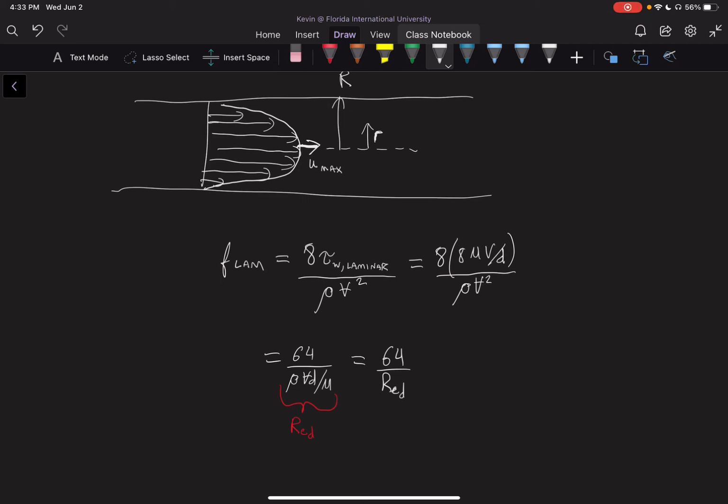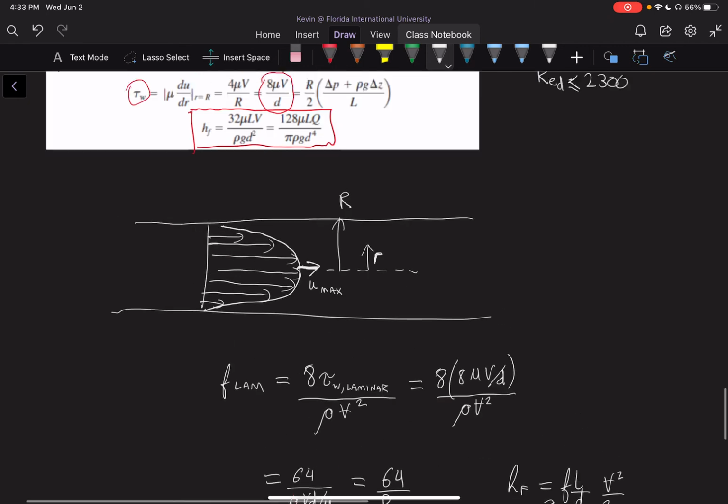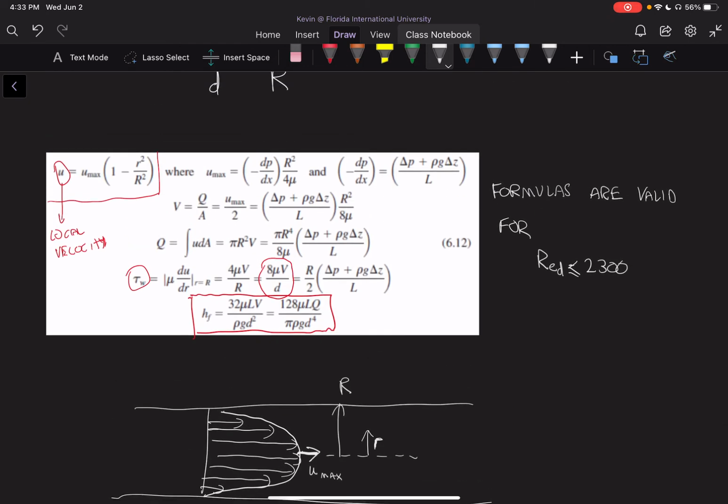And we have less friction too, because remember that our friction, HF, is equal to F times L over D times V squared over 2g. So we can use this for HF if we are given L over D and V squared, and then plug in our F into here for laminar flow, for example. Or we can use this equation, HF is equal to the one that's shown right here.